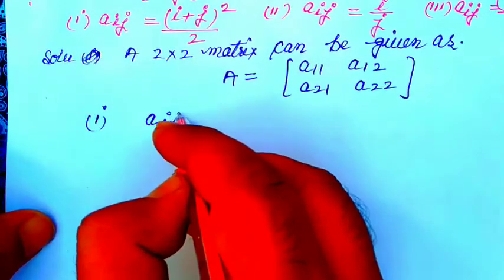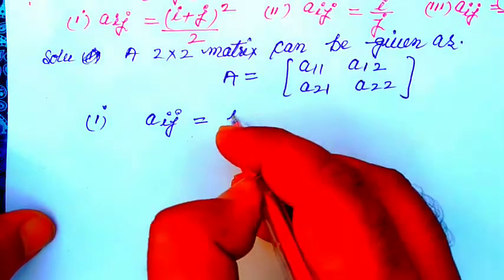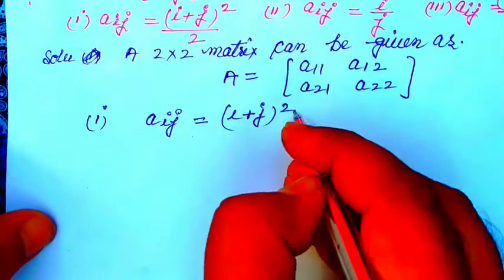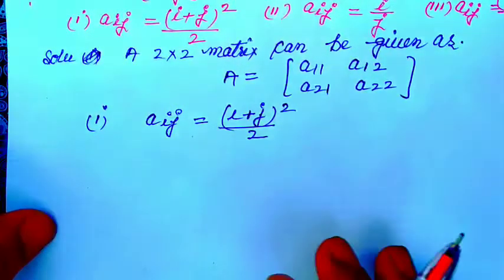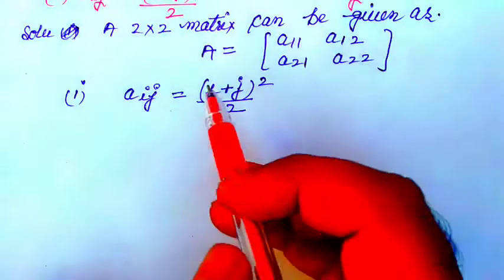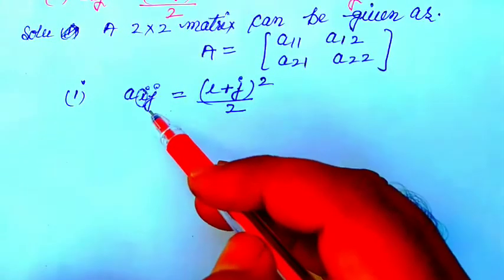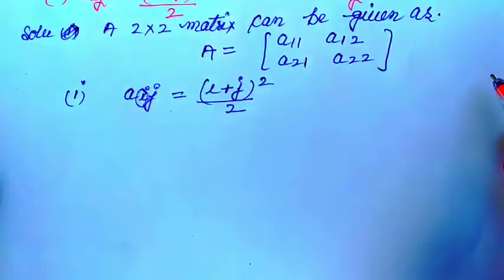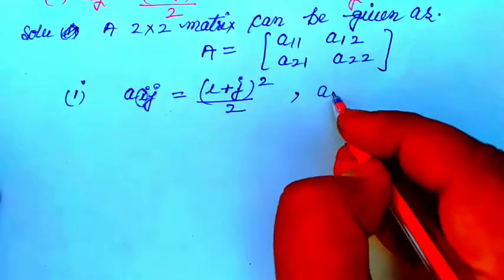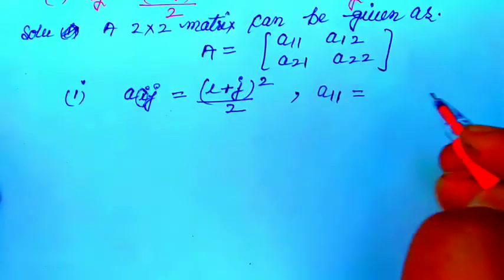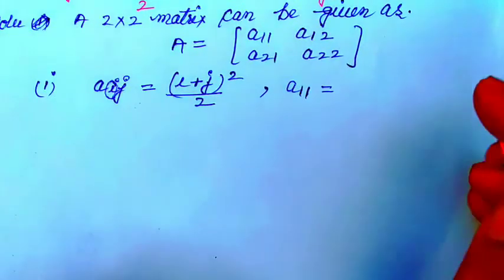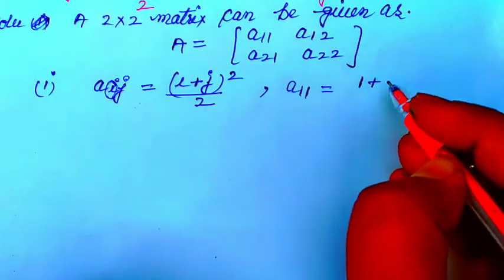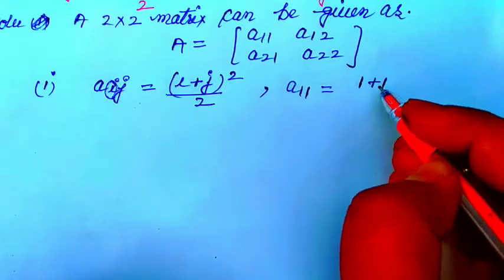Aij equals (i plus j) over 2. So you can see here i denotes the number of rows and j denotes the number of columns. First we will find A11. For A11 we put 1 in place of i and 1 in place of j.